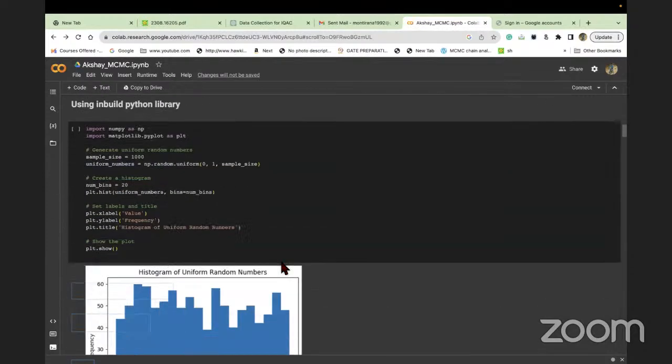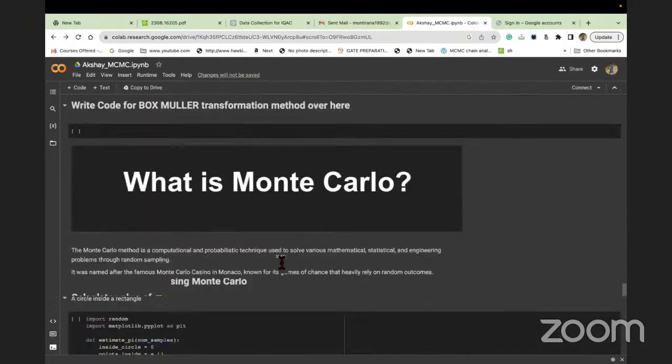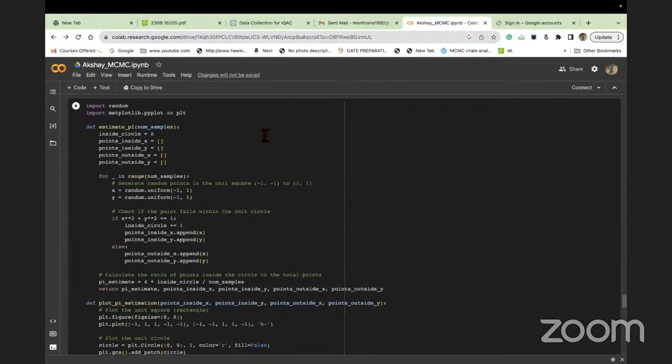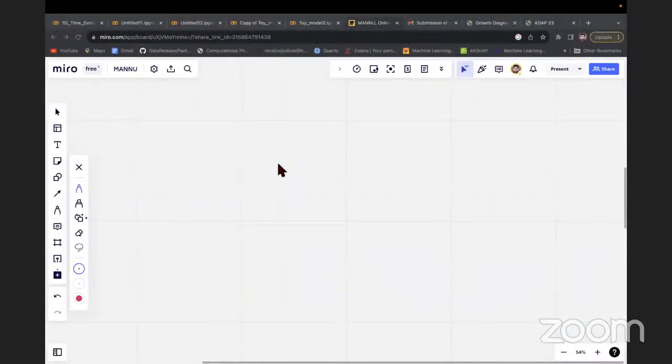Okay. I don't know whether some of you might have done it. Have you ever tried to calculate the value of pi by using the Monte Carlo method? Anyone who has done it? Calculating the value of pi by using any numerical method. Okay, let me give you a brief overview.